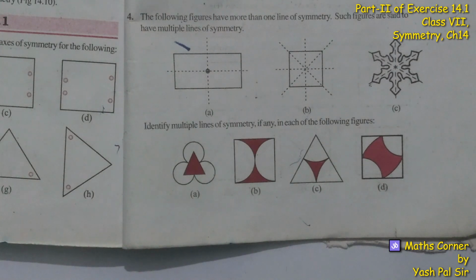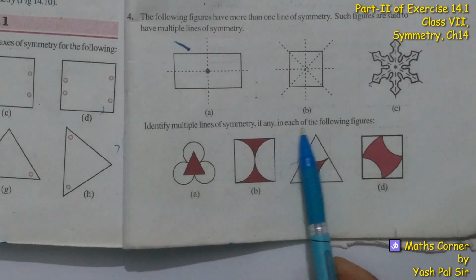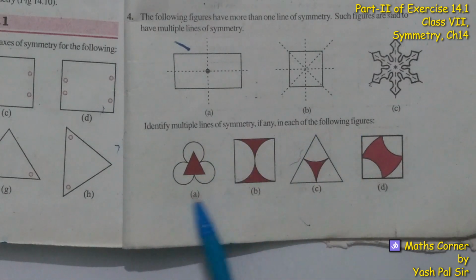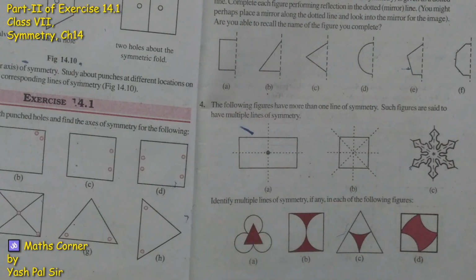Okay, now what is there? Identify multiple lines of symmetry if any in each of the following figures. Now these are the figures we have to find the multiple lines of symmetry. First part, these are the three circles, and first of all this is the equilateral triangle.